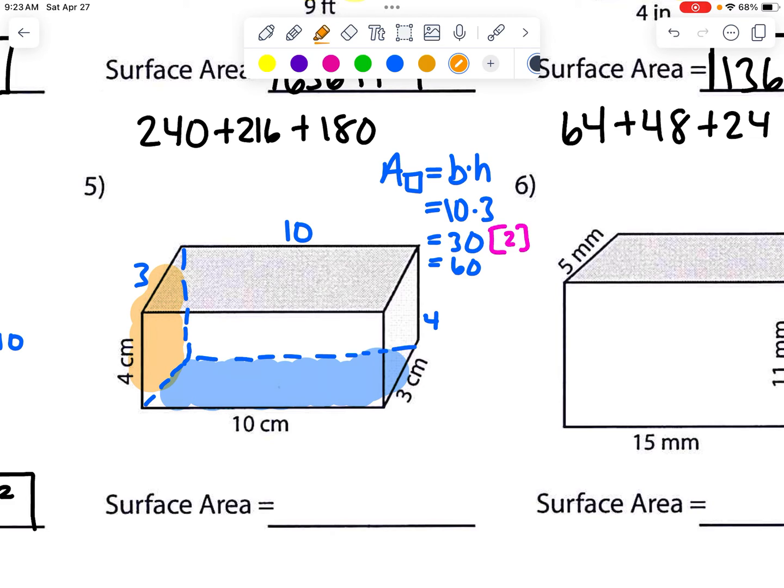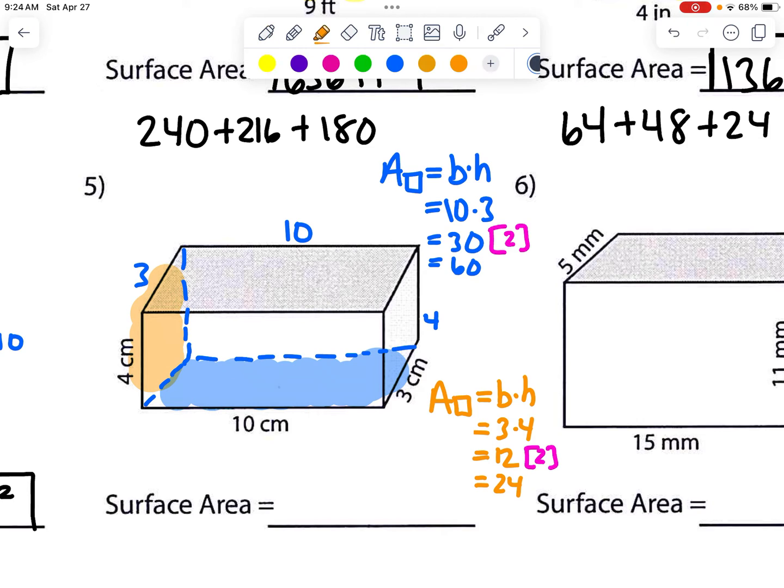Over here, we would have a 3 by 4, okay? So we need to do base times height, we have 3 times 4, which is 12. And again, we would have 2 of them, so that would give us 24.